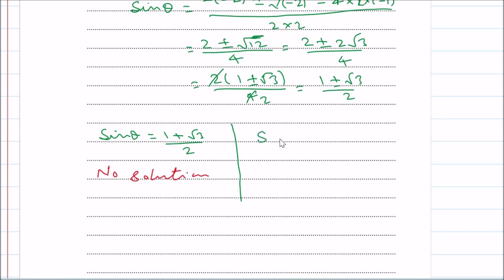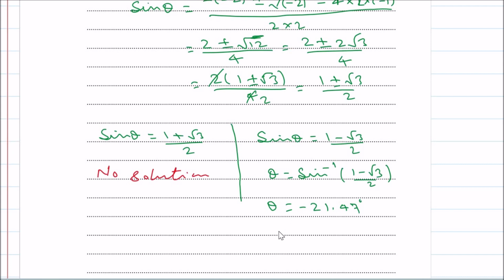Okay. Now let us take the other part, the negative sign. So sine theta is equal to 1 minus root 3 by 2, and when you are finding theta equal to sine inverse of 1 minus root 3 by 2, that gives us theta equal to minus 21.47 degrees.